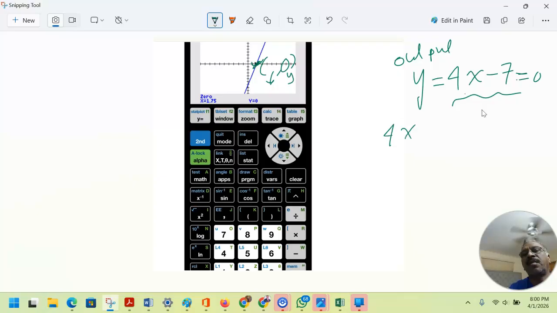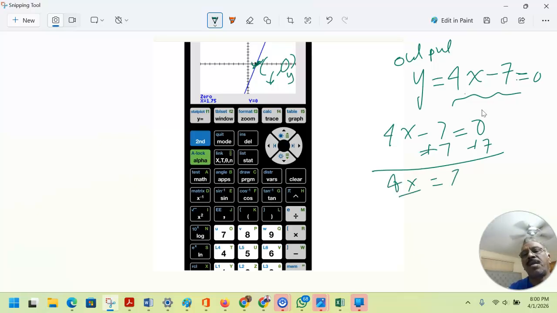So 4x minus 7 equals 0, and you add 7 to both sides. You get 4x equals 7, and if you divide by 4, that's how you get it. Remember, we already got it: it is 1.75. So this is called a zero.